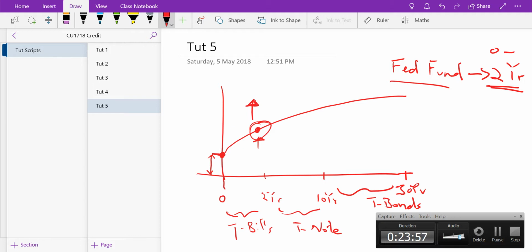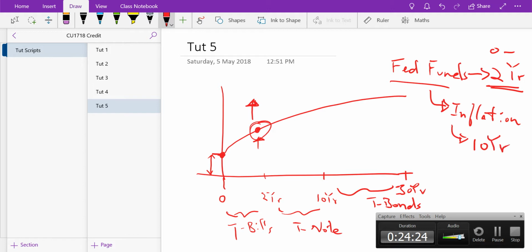Okay. Now the thing is, Fed funds is a policy tool where a central bank tries to manage inflation. And inflation actually has substantial impact on the 10-year.